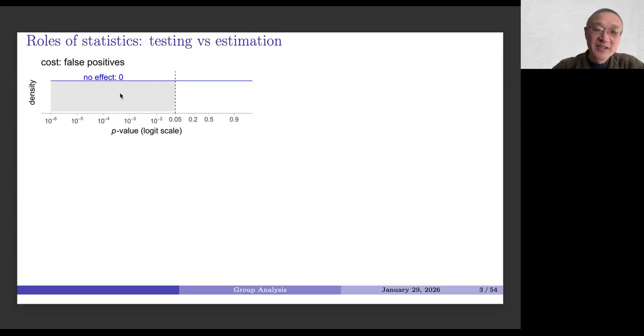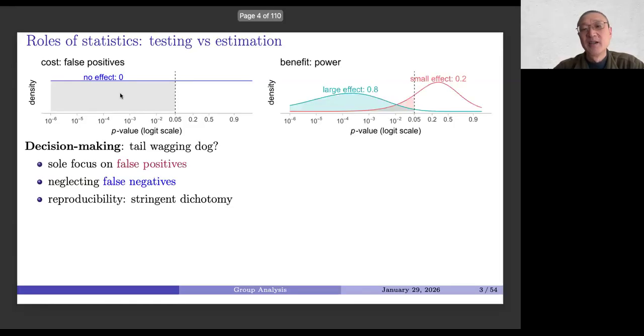On the left-hand side, the evidence is strong enough that you feel comfortable making some statement. On the right-hand side, we show the evidence against that null hypothesis. The effect has some distribution, and that distribution depends on the magnitude of the effect.